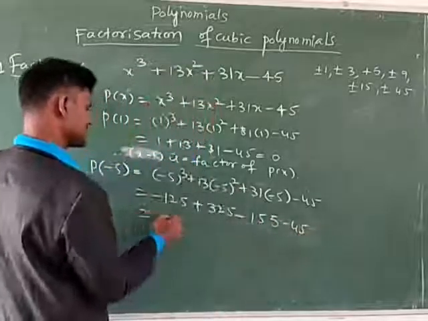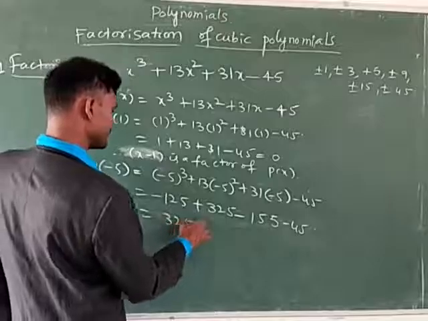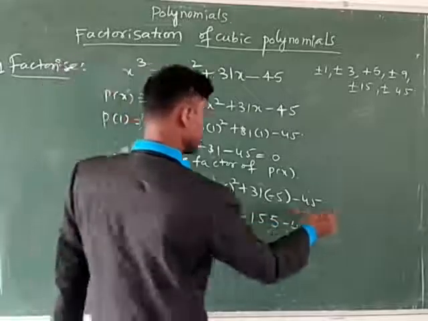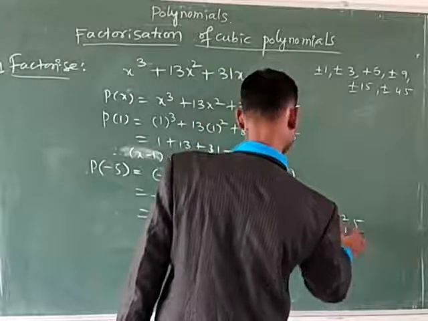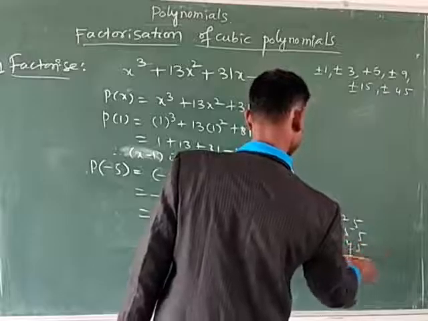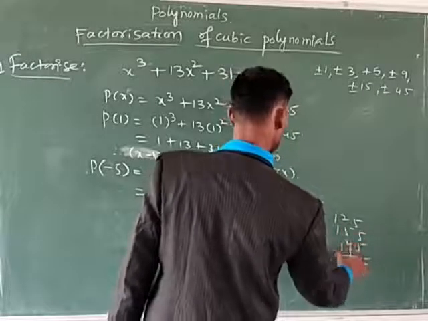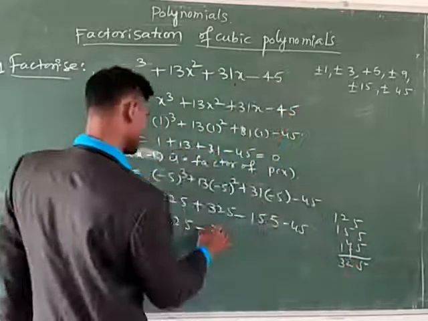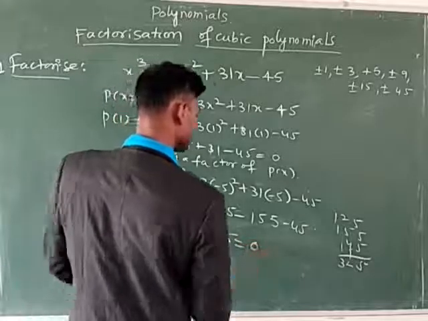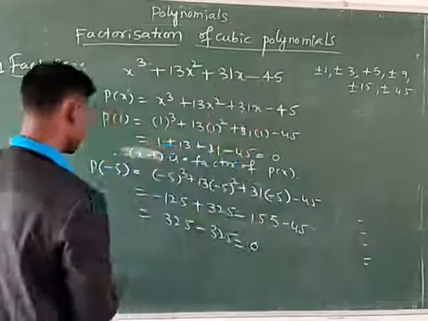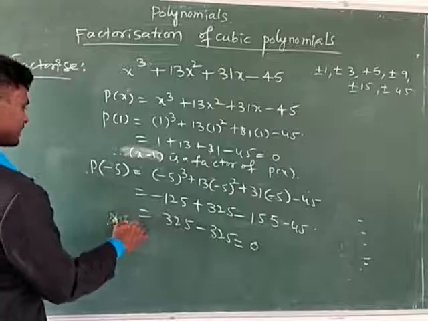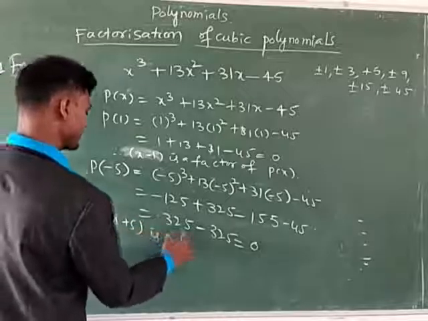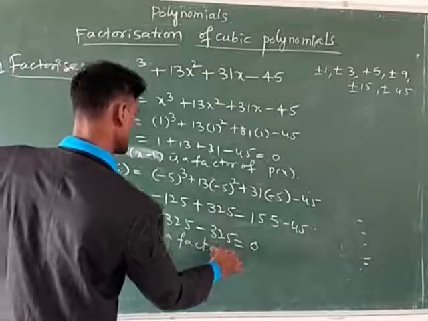Now add: 325 minus 325 is equal to 0. Therefore, x plus 5 is a factor of p of x.